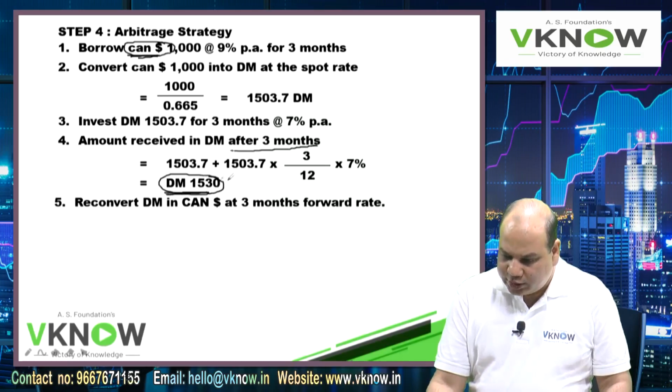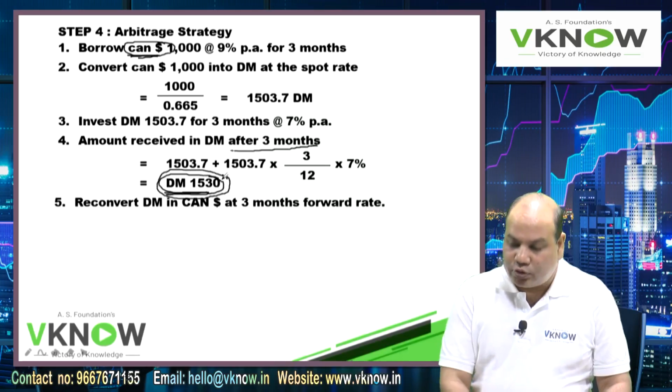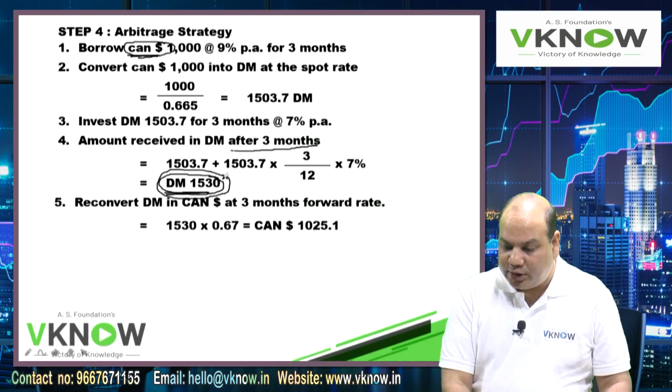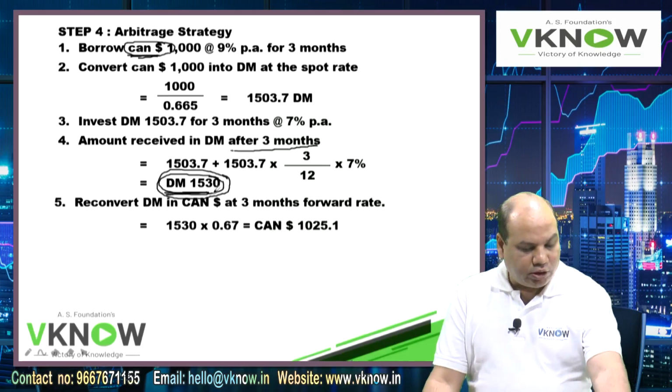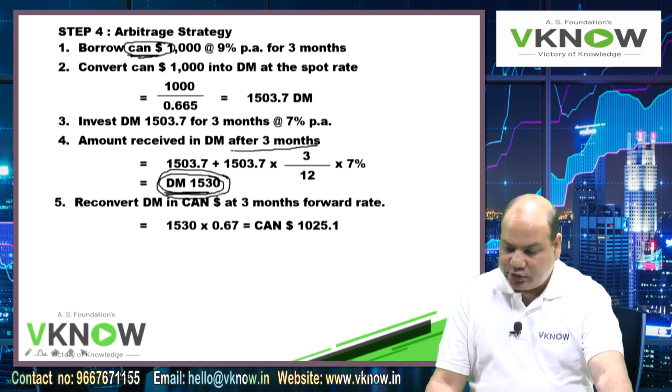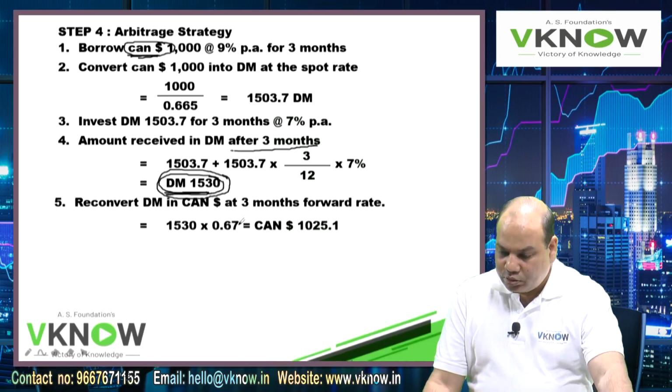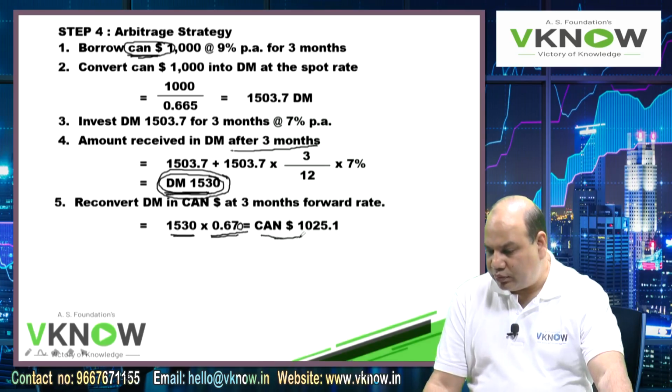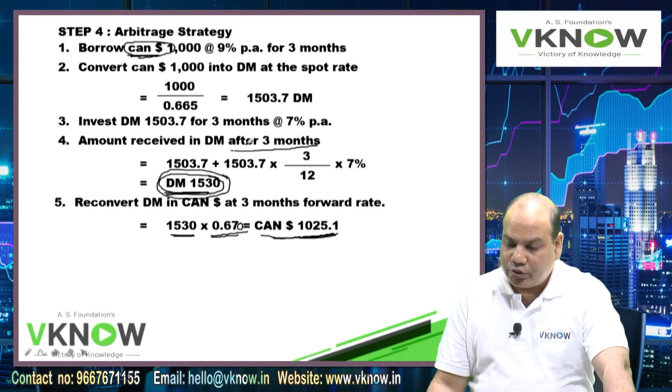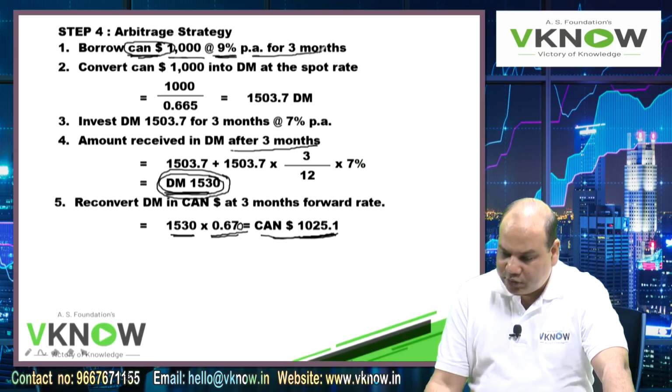Now you are holding DM 1530. The rate is also per DM, so you will multiply. Look at the question. The forward rate is 0.670. 1530 into 0.670. You are holding now 1025.1 Canadian dollar.